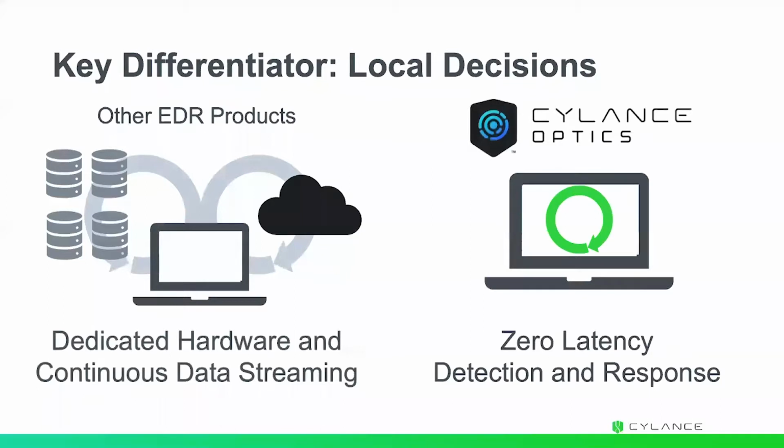Again, everything is local on the endpoint. This data storage, the response logic, the detection logic, really helps in not only protecting endpoints, but also with costs associated with the solution.